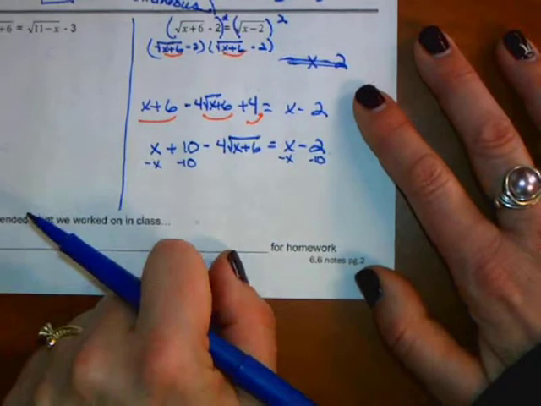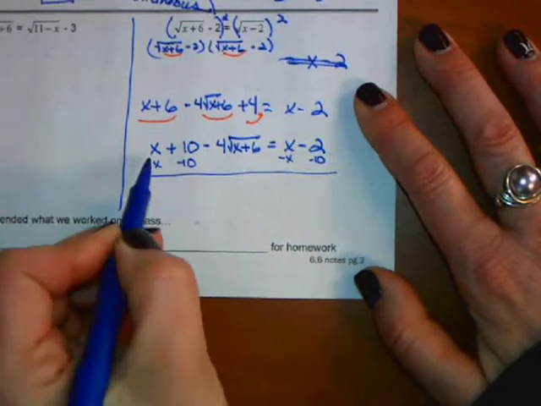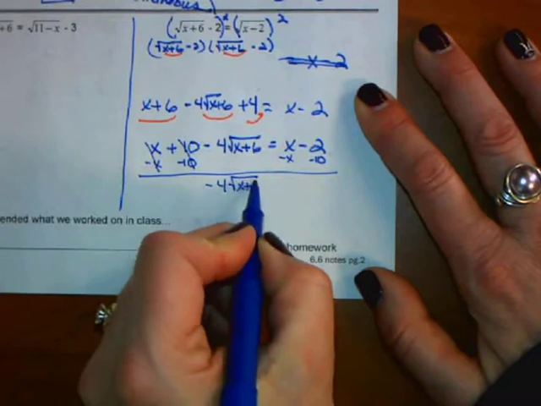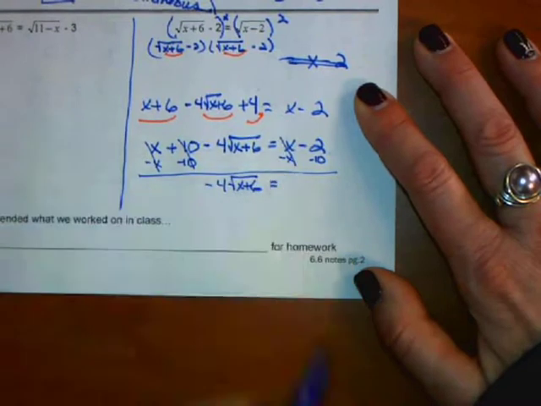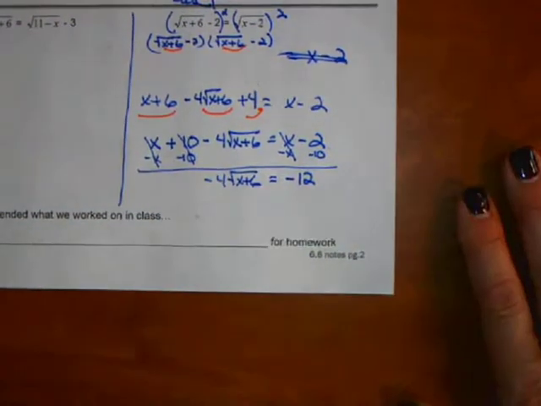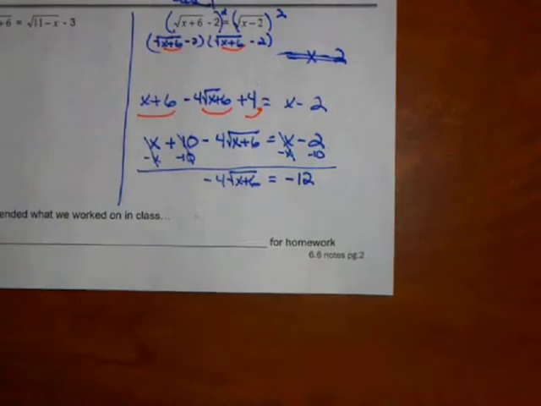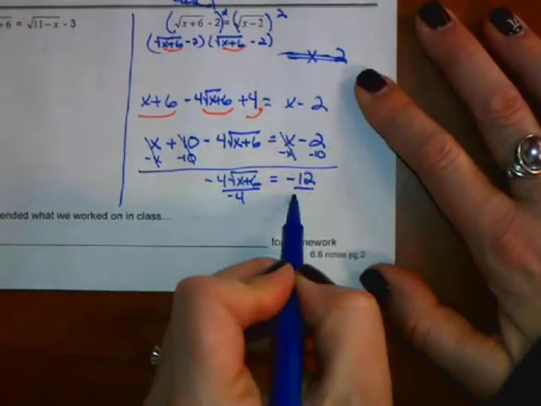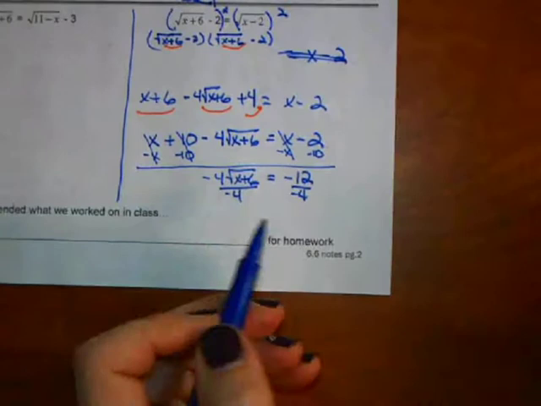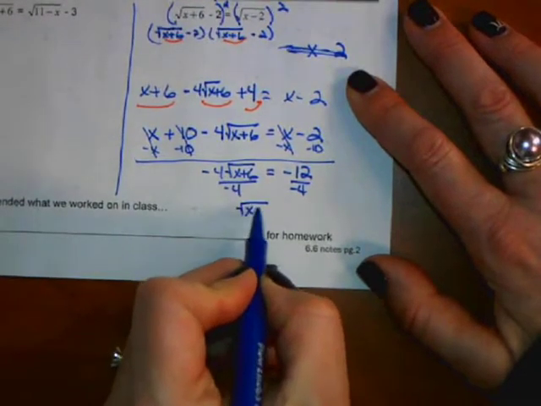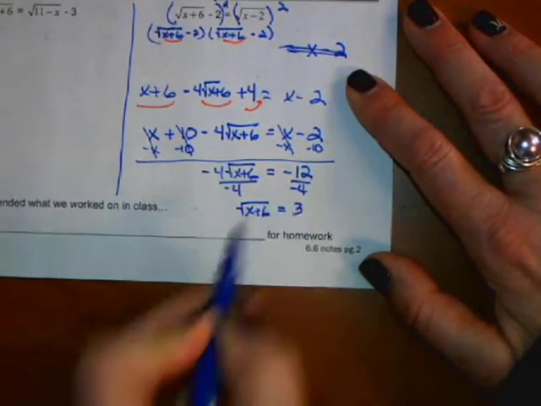There's no square in here. Watch how it works out. This goes away, this goes away. I still have this. Equals this goes away. Negative 12. Oh, it's becoming pretty now. Divide by negative 4. And I get the square root of x plus 6 equals 3.